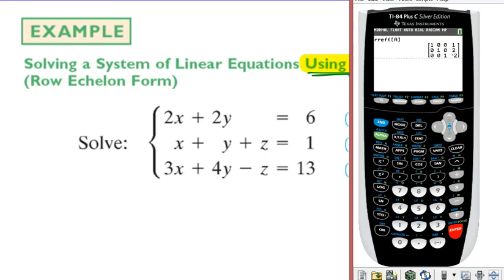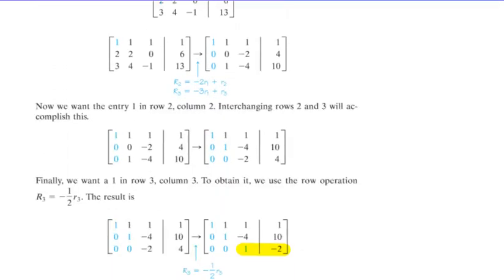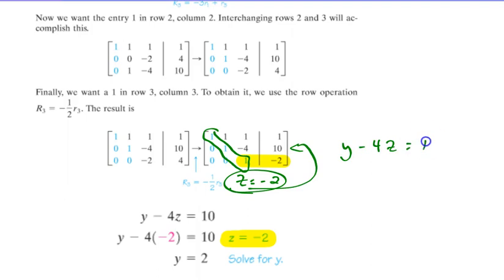But if they ask for just echelon, they just want this row of diagonals to be 1. And so working this out, you can see they're going to say z equals negative 2, and they're going to back sub that into this equation, which says y minus 4z is equal to 10.